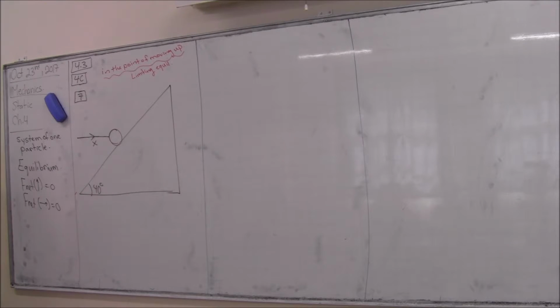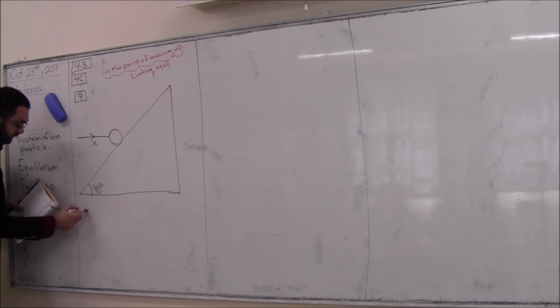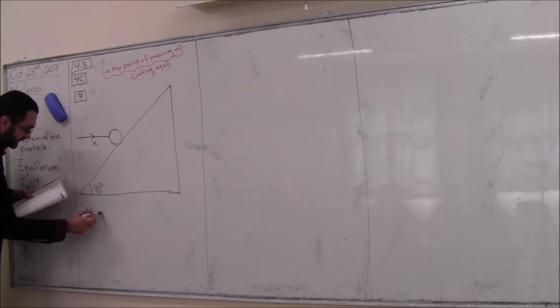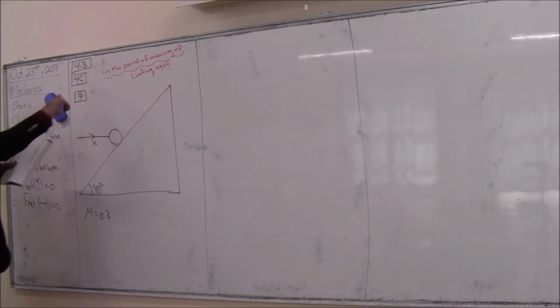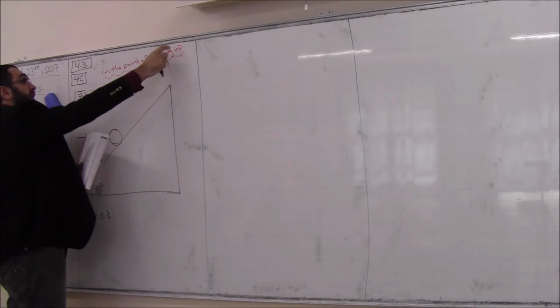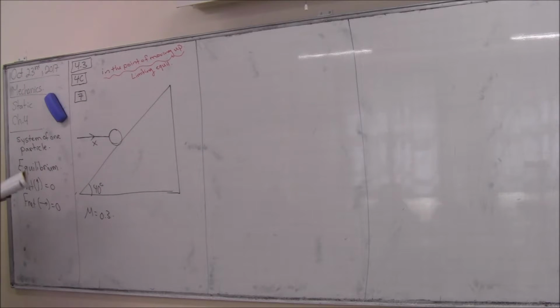The coefficient of friction is 0.3. The box is in limiting equilibrium, about to move upward. So there is a friction down the plane. Please pay attention. Find the normal reaction force.